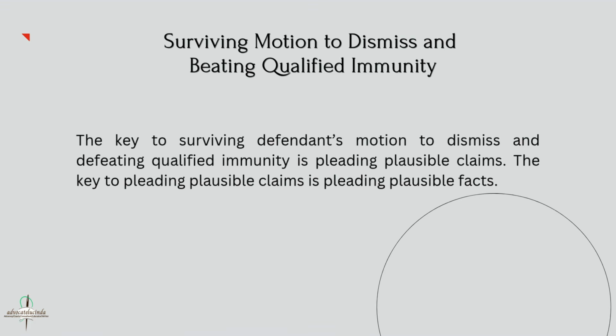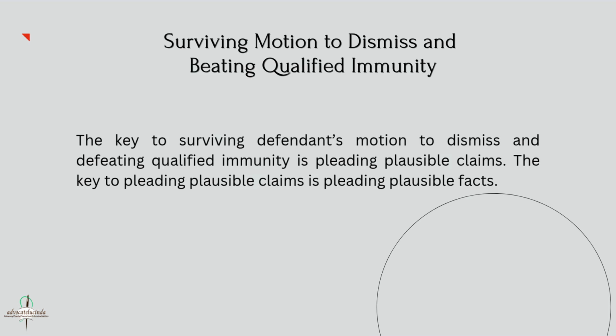And I am going to use this experience to demonstrate to the pro se how to overcome a motion to dismiss and how to defeat the defendant's defense of qualified immunity. So let's get started. Surviving the motion to dismiss and beating qualified immunity.